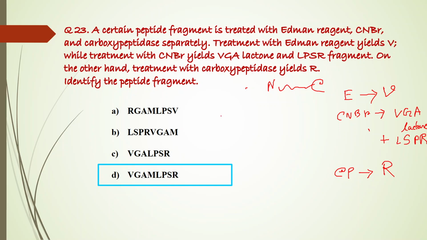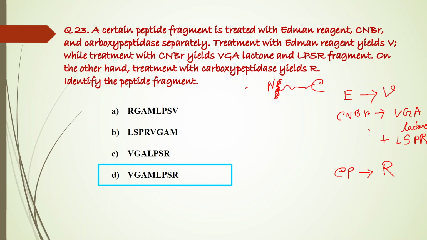Coming to the first statement, that Edman degradation gives you V or valine. So you already know what Edman reagent does. If this is your peptide bond, it will straight go to the N terminal and cleave the amino acid residue that is sitting at the N terminal, right?